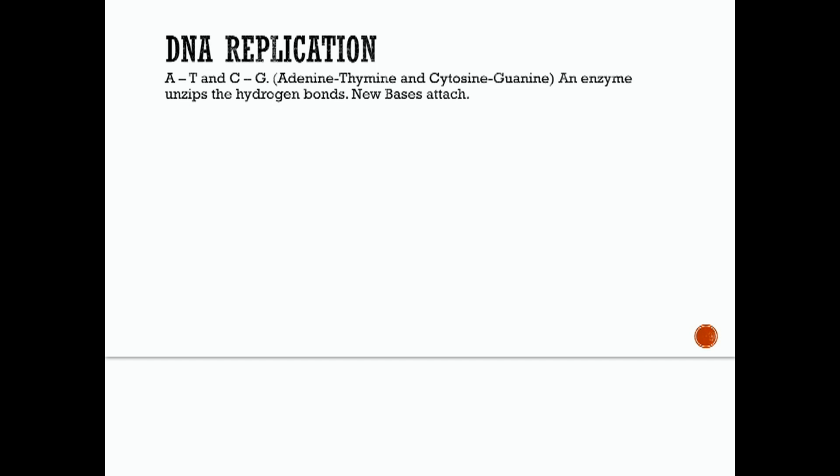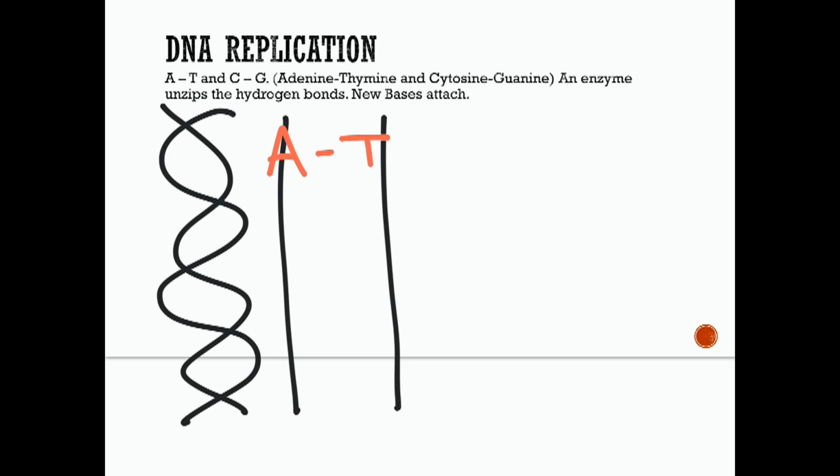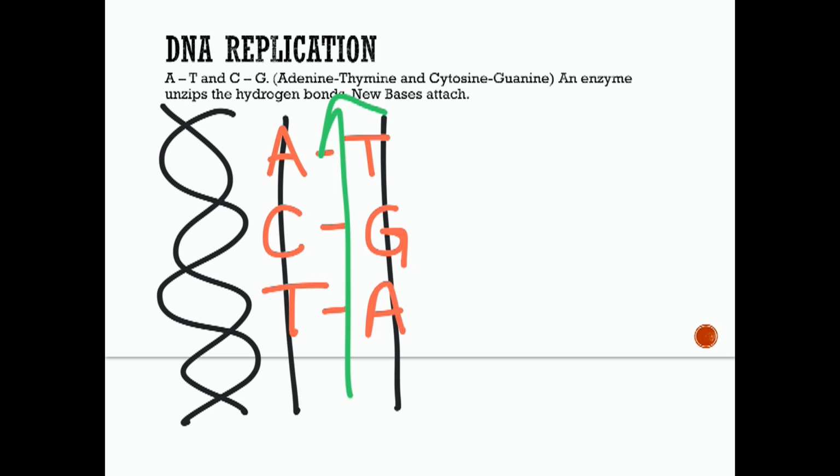So before a cell undergoes cell division, it will want to replicate its double helix DNA. So I'm going to go ahead and unwind this so we can look at an example. Say there's an A paired with a T, a C paired with a G, and maybe a T paired with an A. An enzyme is going to come along and unzip these weak hydrogen bonds that are holding them together.